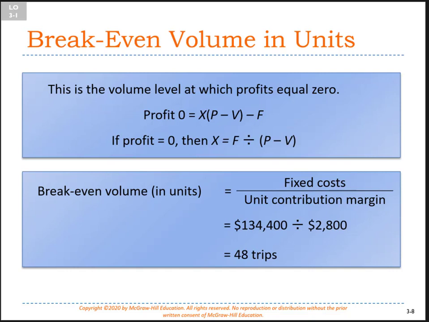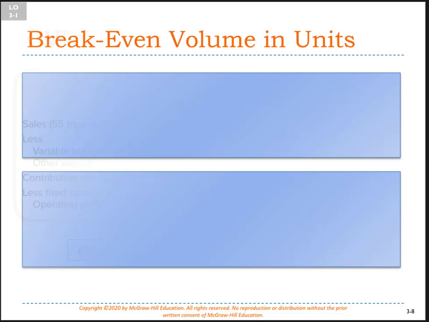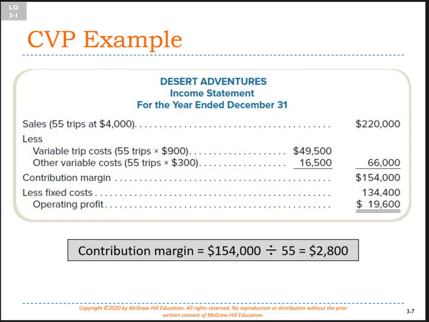So the formula that I want you to remember, okay, is you take the fixed costs and divide it by the unit contribution margin. So using our example from our adventure trips, the fixed costs were $134,400, back on this slide.